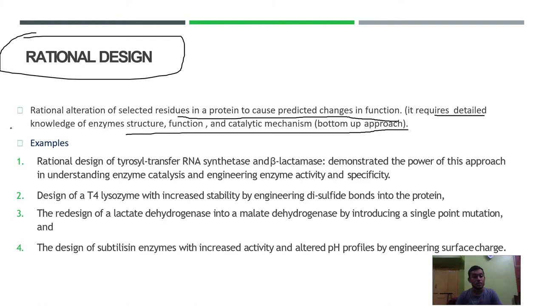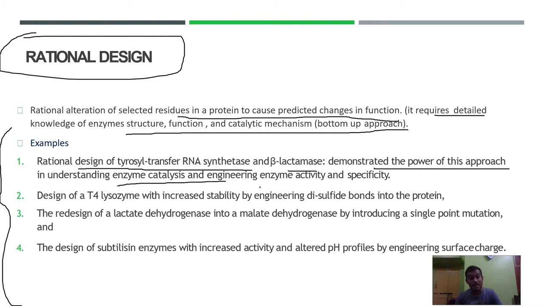Some examples of rational design are the rational design of tyrosine transfer RNA synthetase and B-lactamase, which demonstrated the power of this approach in understanding enzyme catalysis and engineering enzyme activity and specificity.